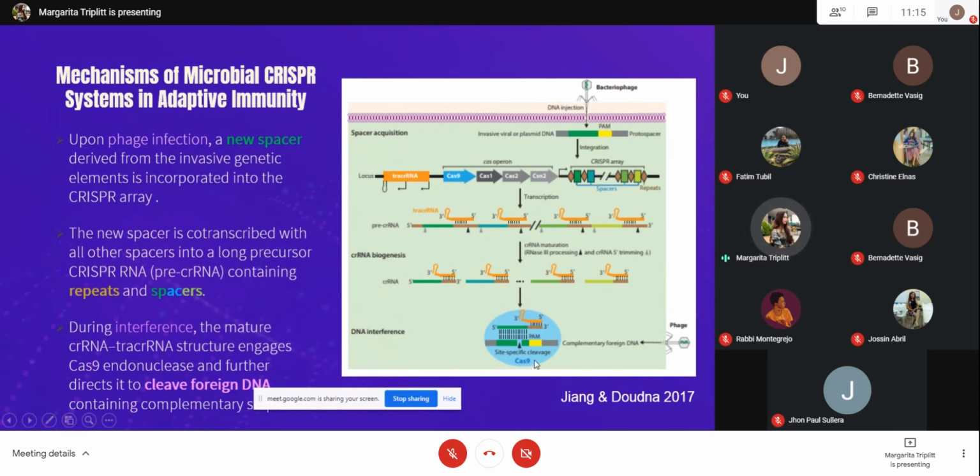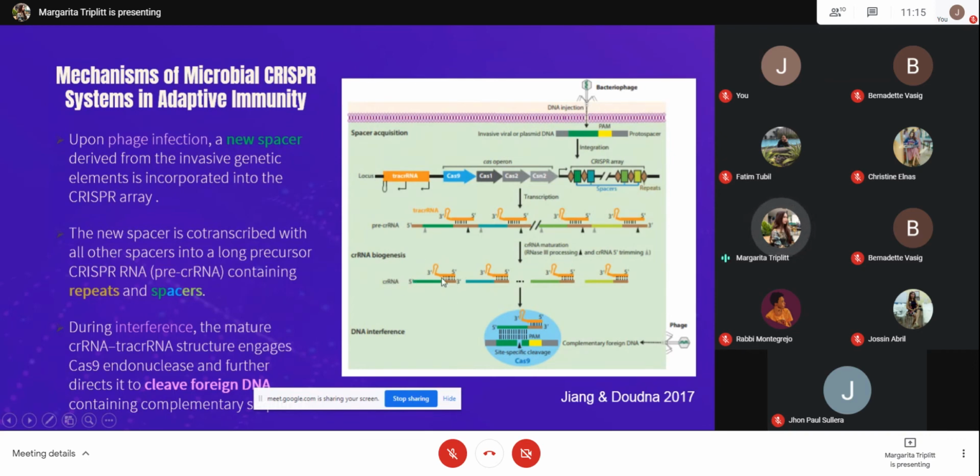Here, in this case, it is Cas9. Cas9 came from this Cas operon, this specific gene. And these different kinds of genes also have the ability to function in the acquisition machinery. So in DNA interference, we have the tracer RNA and the mature crRNA.